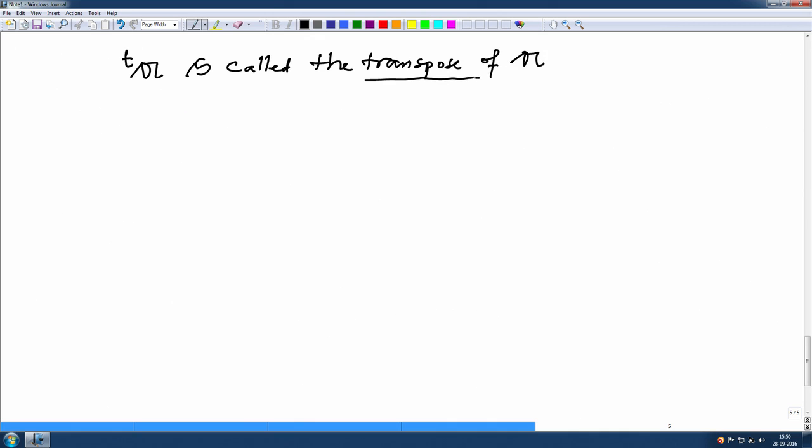Now various questions have cropped up. What happens to many invariants like rank, nullity and so on for the transpose?